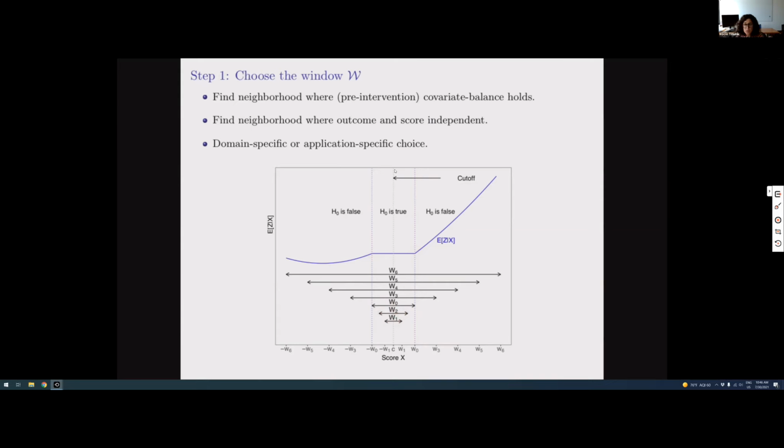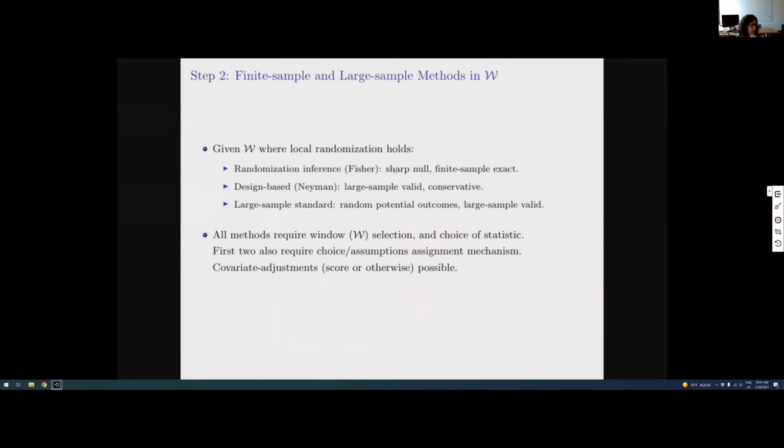So this gives you a data-driven method of choosing the window, by choosing the largest window where you fail to reject the null that the covariate distributions are the same in that window and in all windows contained in it. And I will show you in a moment how to implement that with the data.